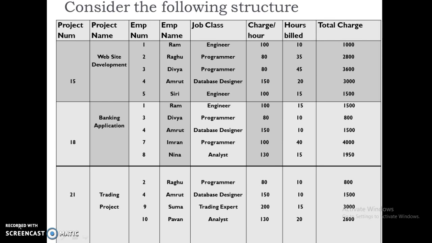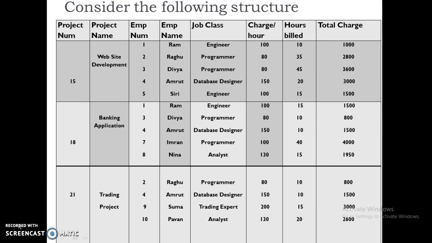Now, every employee works for a certain amount of hours on a given project, and the charge for their job class helps in determining the total charge or the total amount that they earn per project. So at first glance, this looks like a pretty decent structure in the sense that it gives you all the information about what are the projects, who are the employees involved with each project, and what is the total amount that they are making per project.